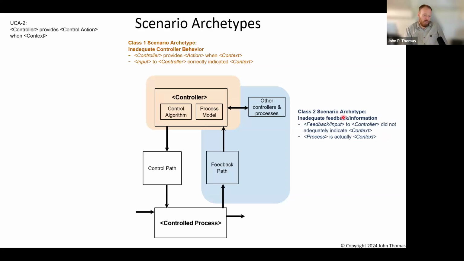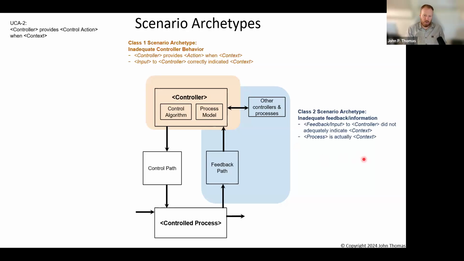All right, so let's formally define class 2. Formally, class 2 says something about the input and the output of the feedback path. So how can the process actually be in some state down here, but the feedback spits out something else? Either something else at a different point in time, or some other type of indication or granularity or whatever.